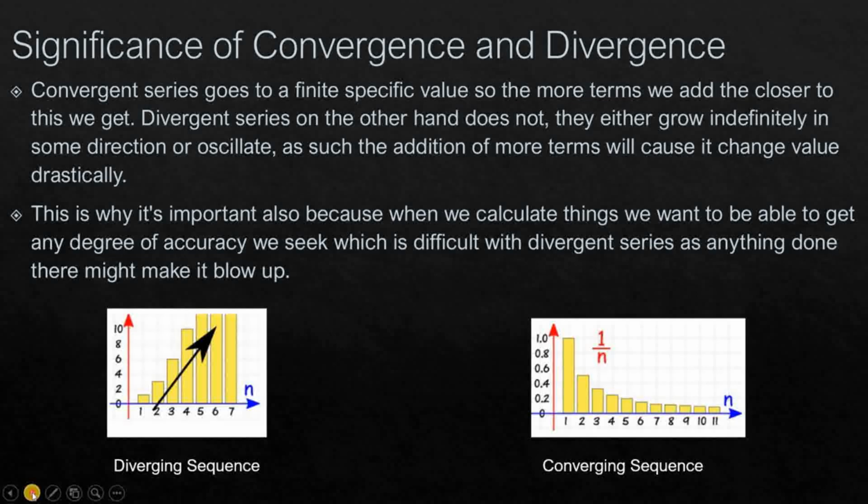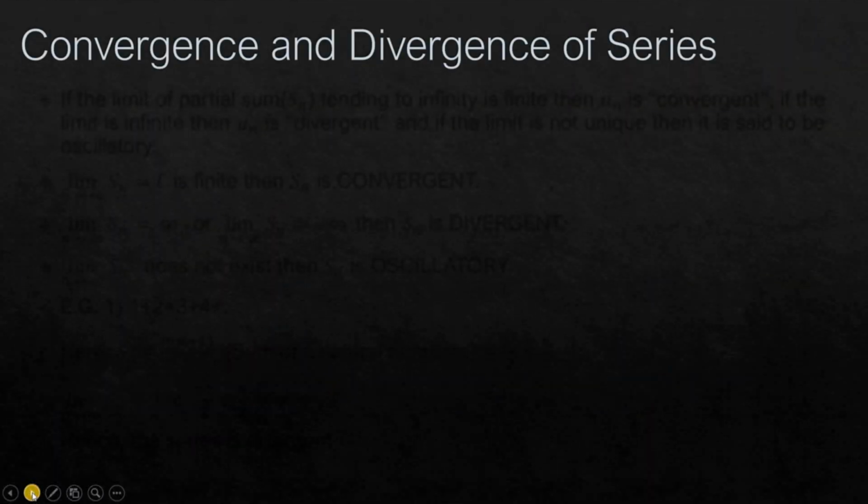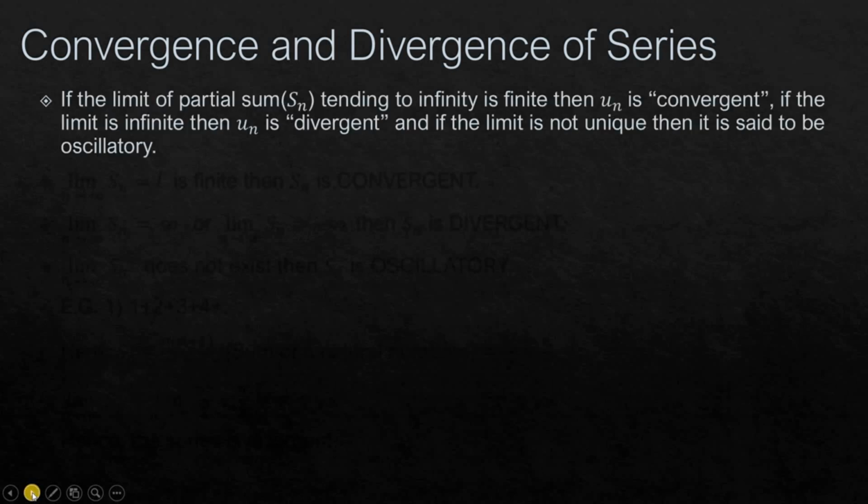Now in mathematical terms, let's define what convergence and divergence are. If the limit of the partial sum, that is Sn, as n tends to infinity gives you a particular finite value, then the series is called a convergent series and the value of the limit which we obtain is the point to which the series will converge.